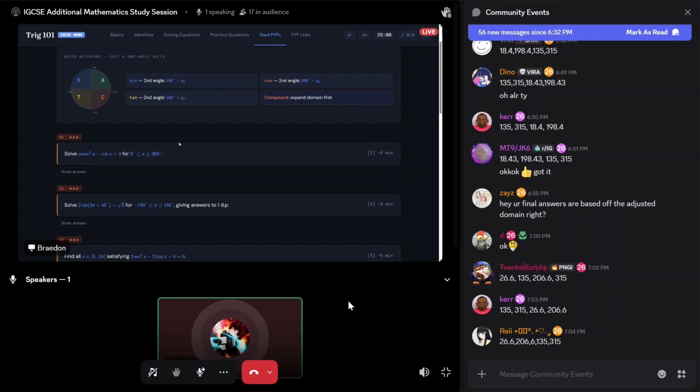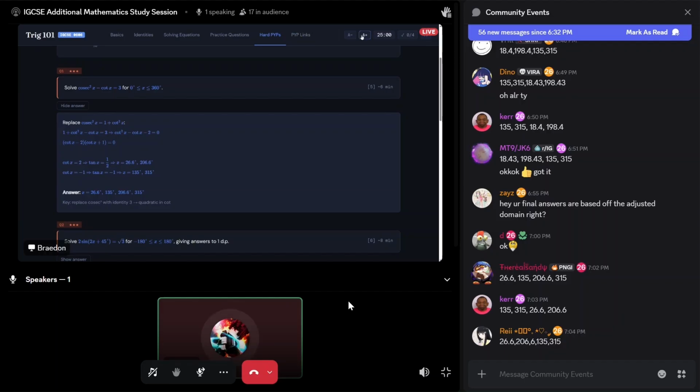Okay, I'll just stop waiting for now, and I'll go through it. Most of you guys got the same answer, so I'm assuming it's correct. So the same as just now: substitute cosec square with 1 plus cot square. Then you combine them, 1 plus cot square x minus cot x, and then you bring the 3 over and you get a quadratic equation.